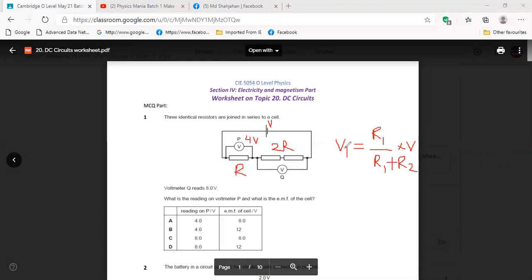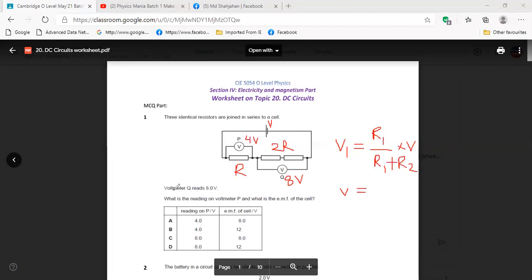You know V1, that is 8 volt, right? Now you calculate and tell me what is the value of V you are getting. Your R1 value is 2R. V1, you have to find V. So the power supply is 8 volt?